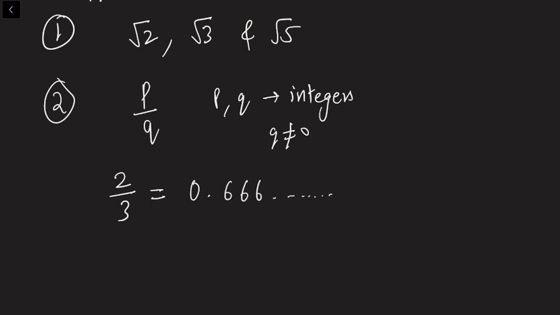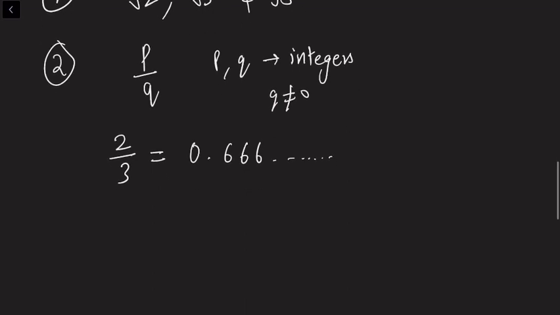So this decimal expansion is non-terminating and repeating, meaning it doesn't stop and it keeps repeating, it goes on. To check whether the decimal expansion of a rational number is terminating or non-terminating repeating, we will be using the fundamental theorem of arithmetic.